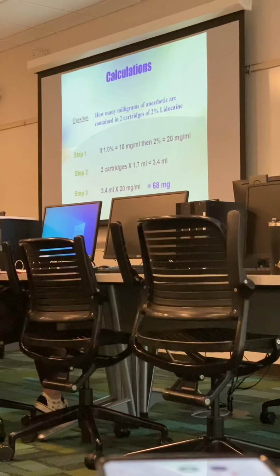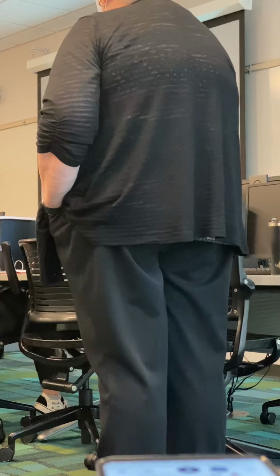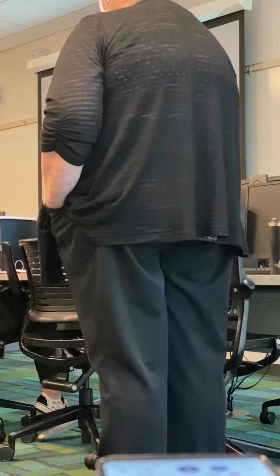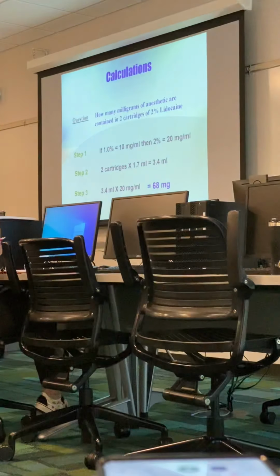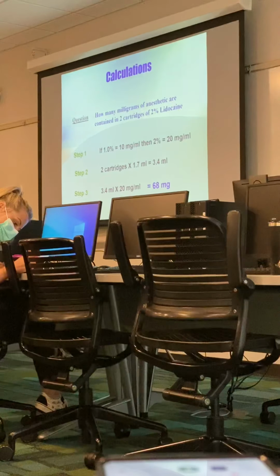We know that 1 cartridge contains 1.7 milliliters of solution, so 2 cartridges would contain 3.4 milliliters of solution. So if we have 20 milligrams of anesthetic in 1 milliliter of solution, and we have 3.4 milliliters of solution, we can multiply 20 times 3.4, and we get 68 milligrams of anesthetic in 2 cartridges of 2% lidocaine.